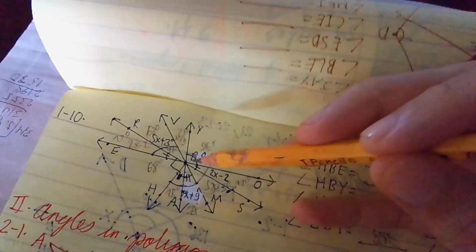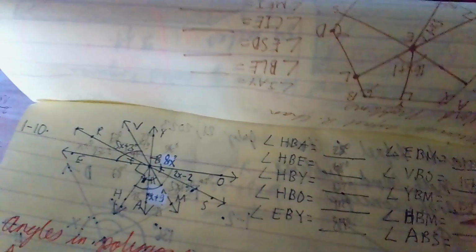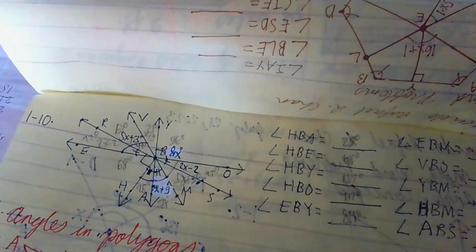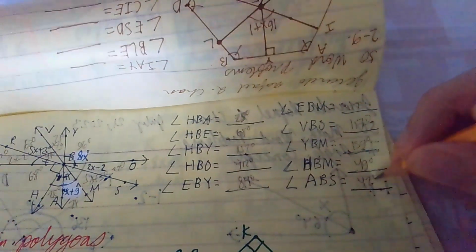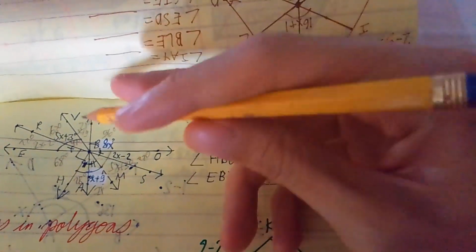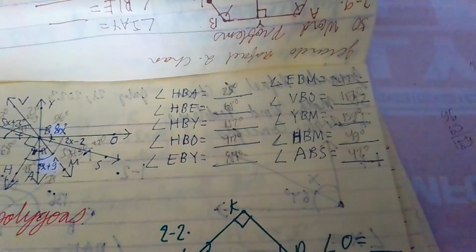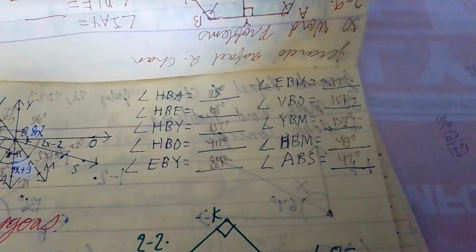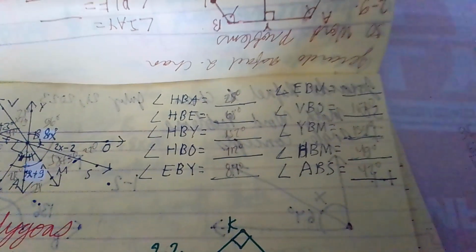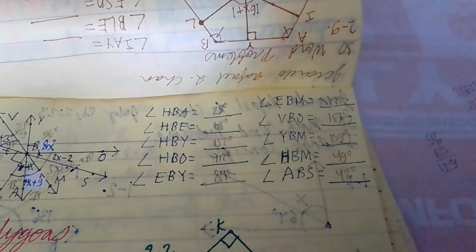For angle HBM, 28 plus 21, that's easy, 49. Right? For ABS, which is the last one, ABS, it's 21 plus 41. That's 42 degrees. Or you can do 62 plus 28 to give you 118, and then subtract that from 180, that's it, to get the answer. And that's it. We now solved our problems.